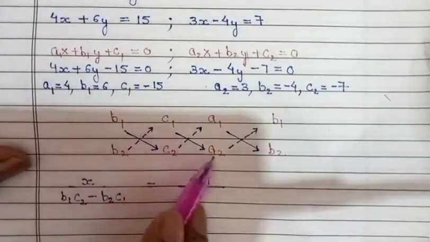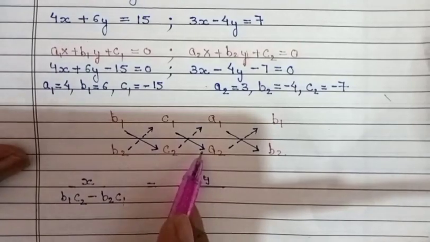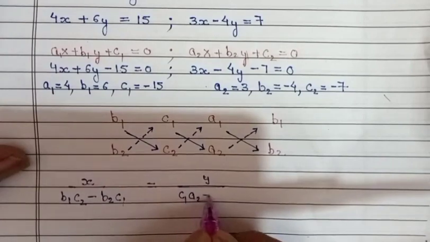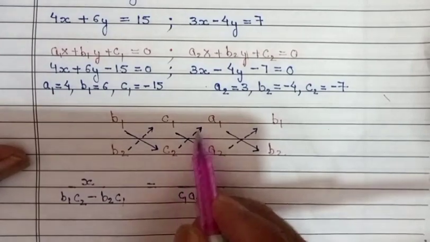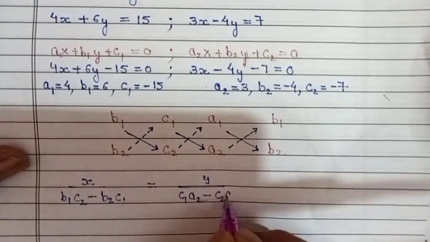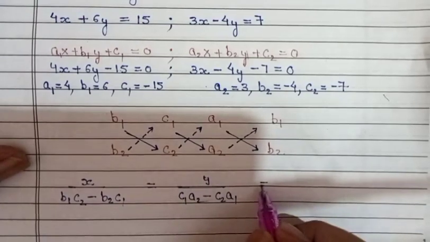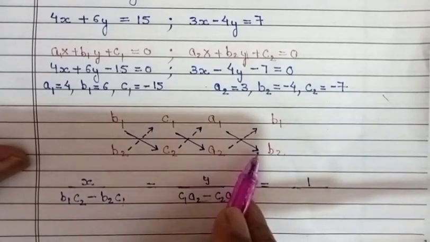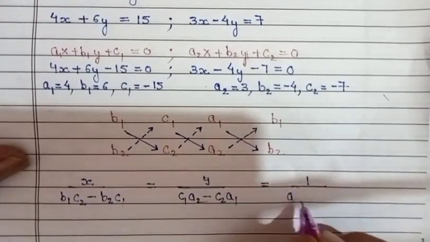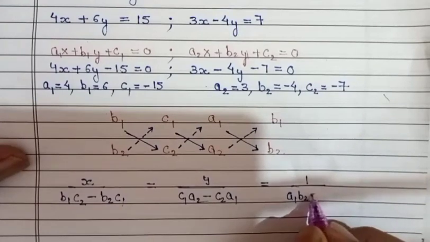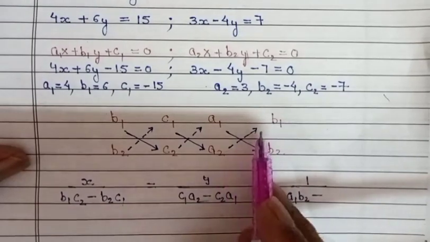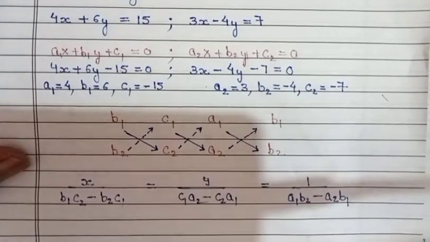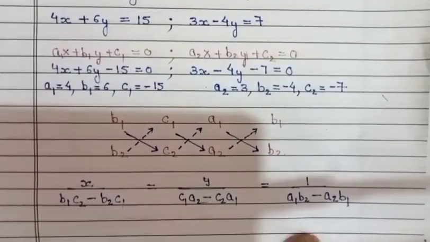Now you will take the continuous arrow product first, so c1 a2, and from it you will subtract this broken arrow product, c2 a1, is equal to, then you will write 1 upon. Now this continuous arrow product first, a1 b2, and from it you will subtract this broken arrow product, a2 b1. So you are going to write it in this pattern. Hope this is clear to you now.